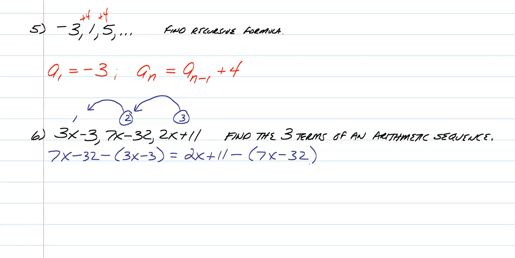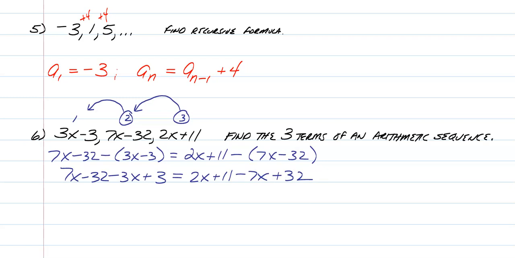Because the common difference is the same, you subtract the earlier term from the later one. Then all you're going to do is a bunch of distributing, combining like terms, and plugging things back in. So we have 7x minus 32 minus 3x plus 3 is equal to 2x plus 11 minus 7x plus 32.